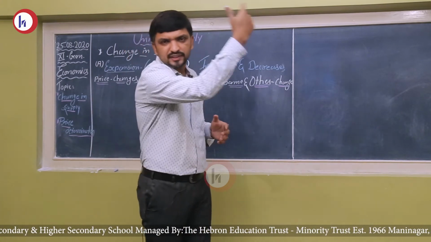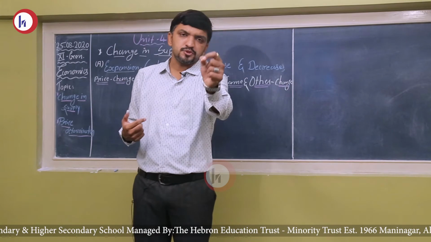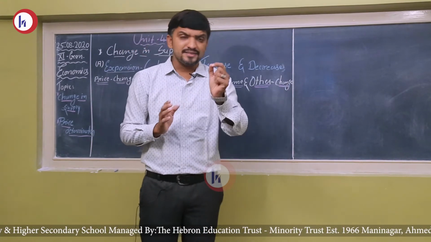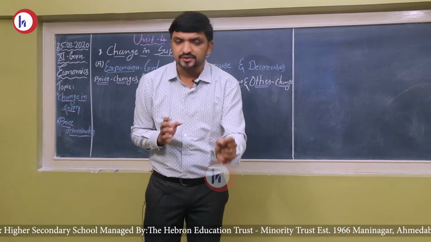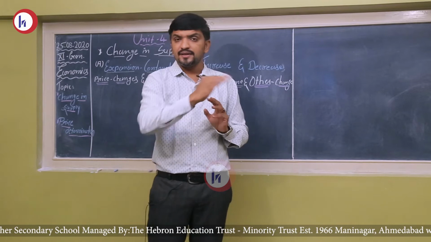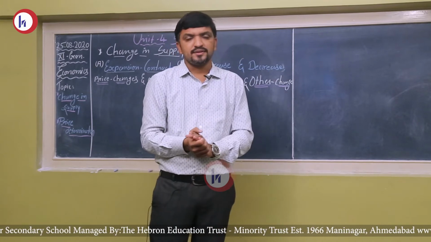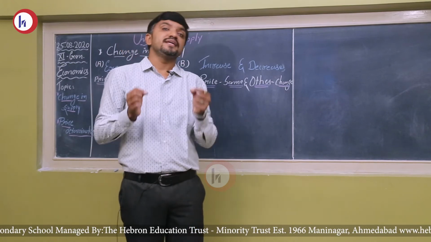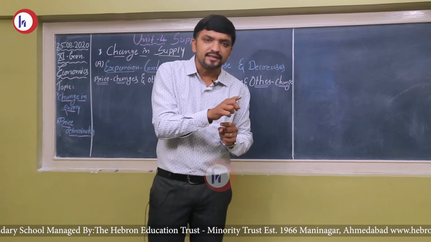And in case of increase or decrease, you are supposed to write that when the price remains constant and other factors change, then there will be increase or decrease in supply.